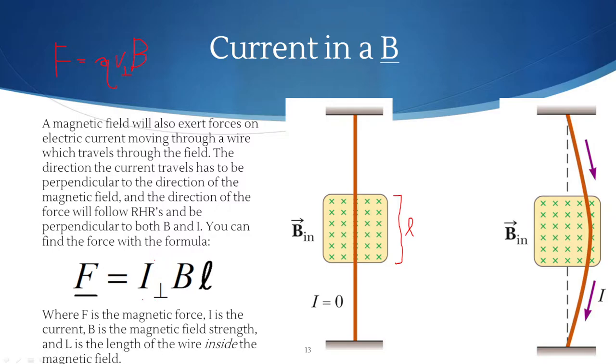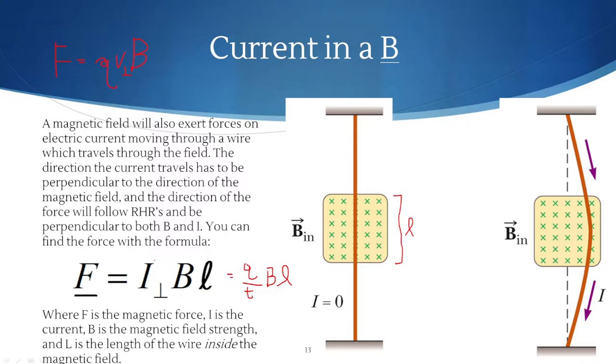And this formula is really the same as the previous one. It's the same information in both. Because if you think about it, electric current is defined as the flow of charge over time. So Q over T times B times L. So I is Q over T. Electric current is charge flow over time.